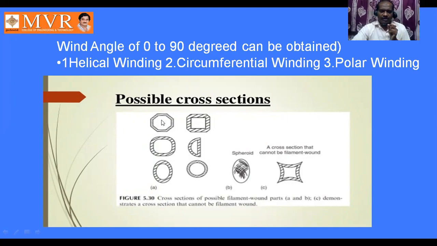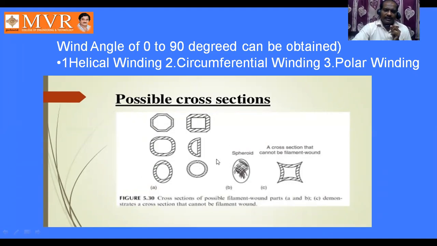This is hexagonal, oval. This is also oval, of the vertical type. This is horizontal. This is one type, semicircle, round. This is sphere type.